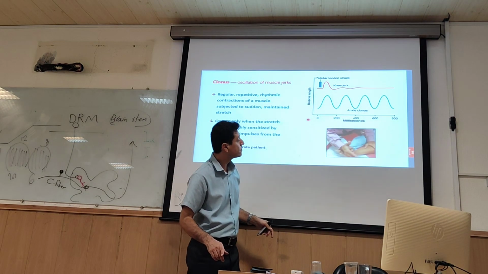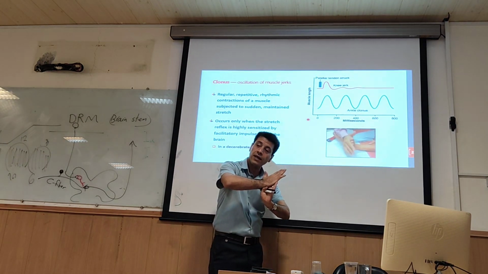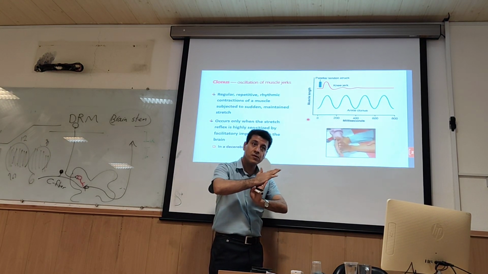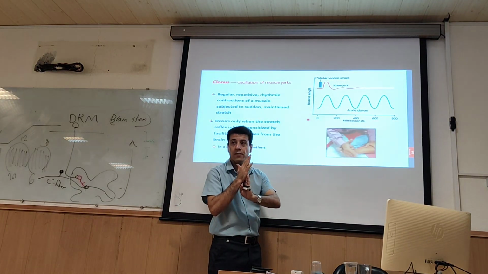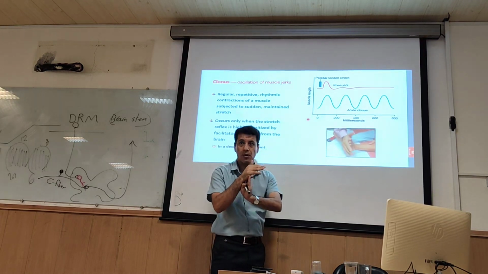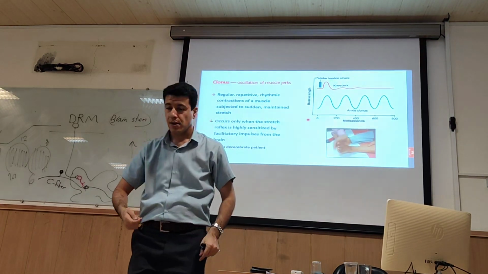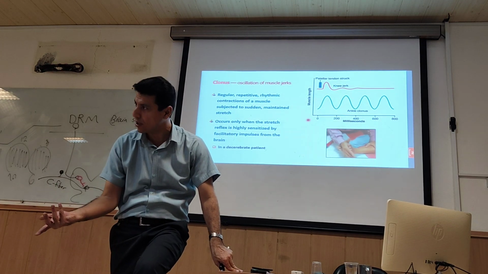Clonus, you asked me about. You are giving continuous stretch of the gastrocnemius muscle. What is the reaction? Repetitive contraction. In a reflex, you have only one stimulation, one contraction.